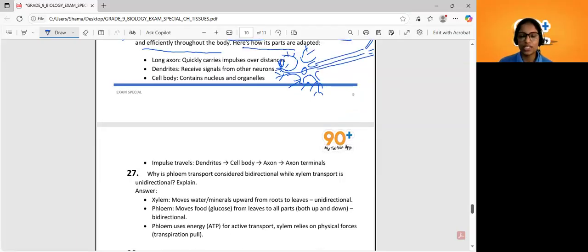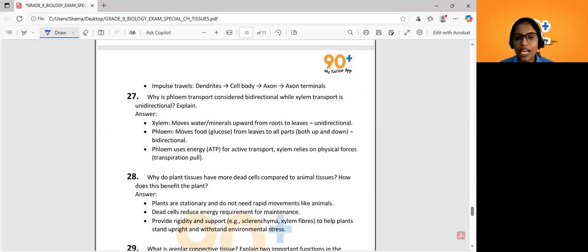Now the 27th question is, why is phloem transport considered bidirectional while xylem transport is unidirectional? Explain. Xylem moves water and minerals upward from root to leaves, that is unidirectional. We know that it is the root which absorbs the water, so from root to leaves.